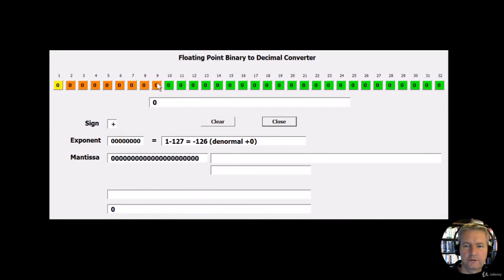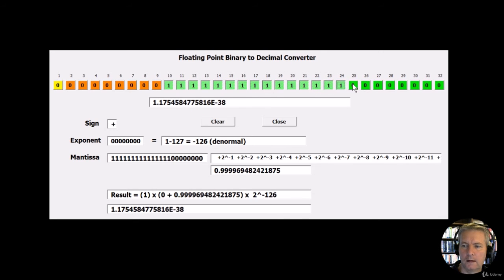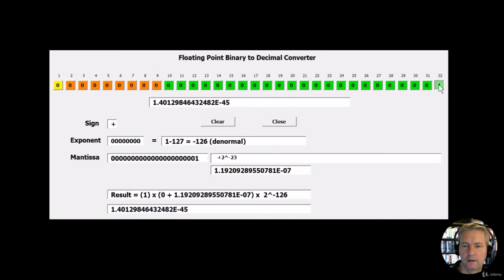We then look at the largest subnormal number, and in order to make it negative, again the first bit just goes high. So we've got the negative equivalent of this number, and we'll have a look at that in a second. And then we can look at the smallest subnormal number, and we can look at the negative equivalent, and this is the negative equivalent here.